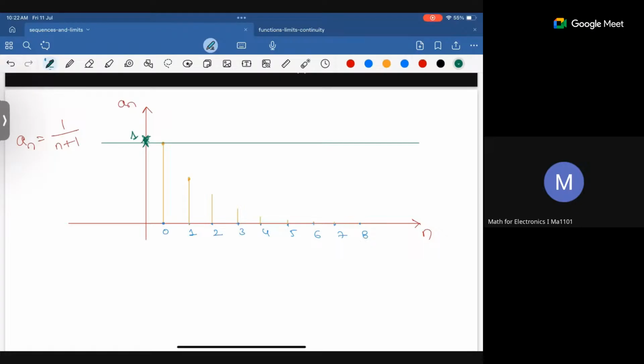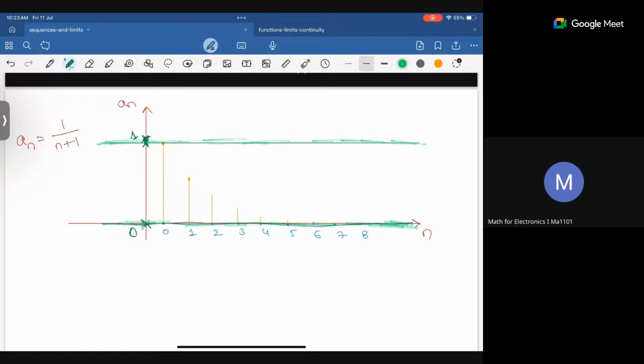If I can draw a horizontal line such that none of my stems go below that line, here I can take the x-axis itself, because I know that none of my terms go below this line. Therefore, 0 acts as a lower bound. So all my stems will lie within these two green horizontal lines. In that way, you can visualize what boundedness means.